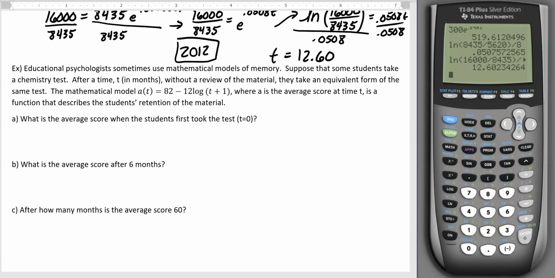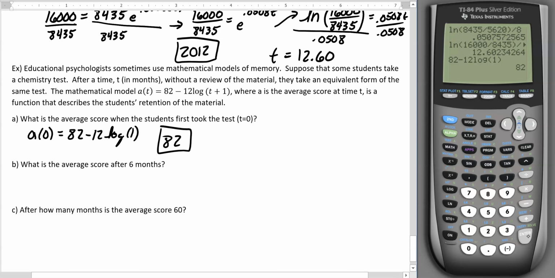What is the average score when the students first take the test? T equals 0. Okay? So I'd just say A of 0 equals 82 minus 12 log of 1. Well, that's going to be 0, so this is going to be easy. 82 minus 12 times the log of 1. Hey, what do you know? It's 82.